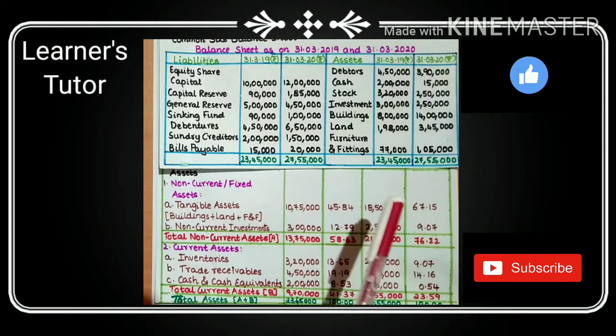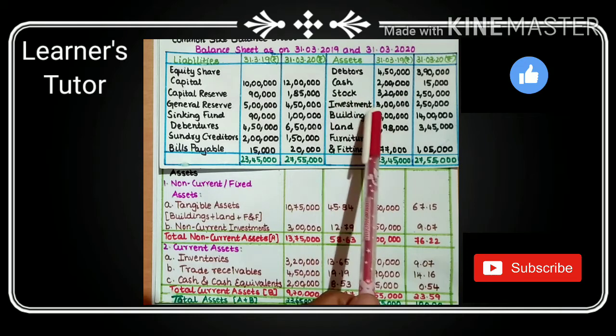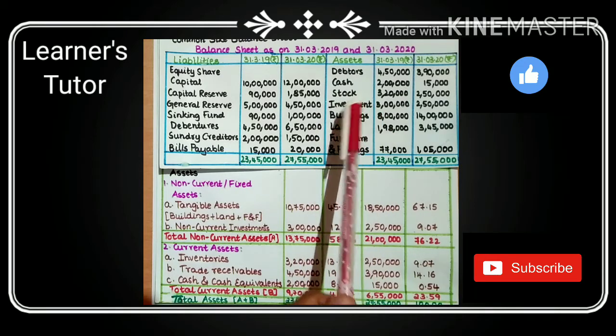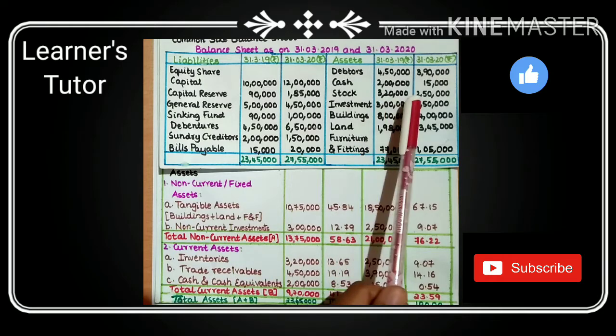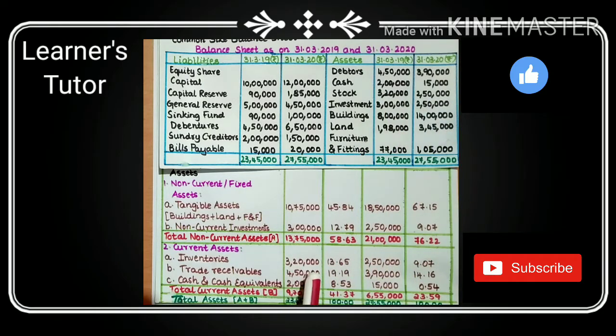Next we have current assets. Under current assets we have stock, also known as inventory: 3,20,000 and 2,50,000. 3,20,000 divided by 23,45,000 into 100 is 13.65%. 2,50,000 divided by 27,55,000 into 100 is 9.07%.